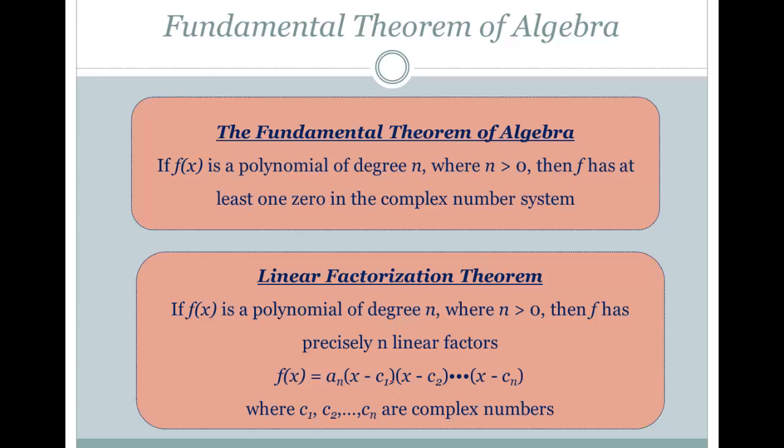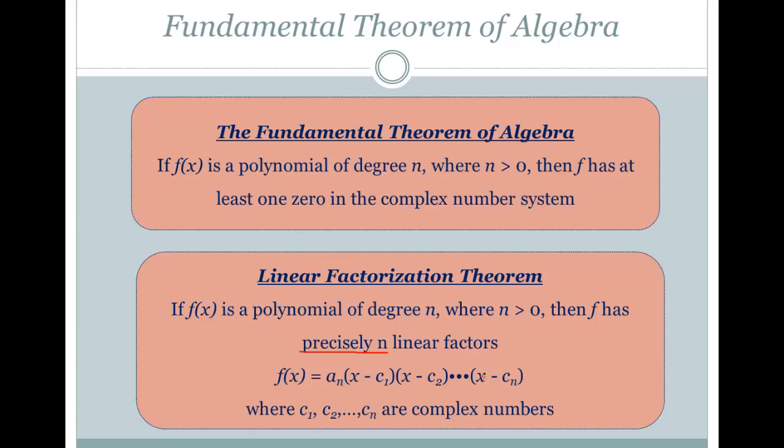Now these roots, or these zeros of the function, c1, c2, c sub n, can be complex numbers. They're not all real numbers. They're not guaranteeing that we have real numbers. We're guaranteed that we have n complex zeros of any polynomial. Okay, so we have precisely n linear factors.